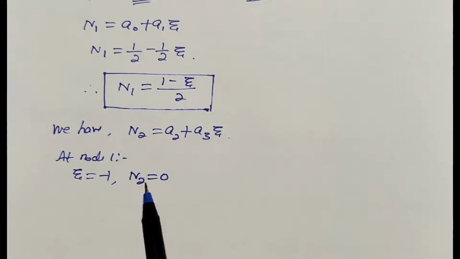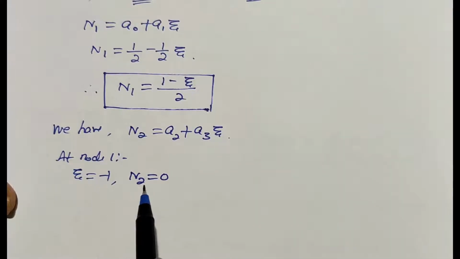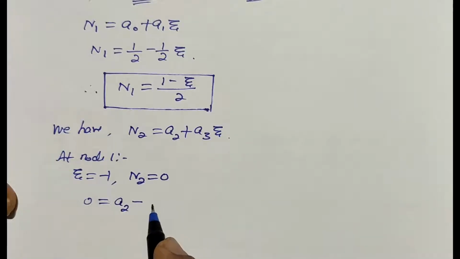So value of N2 at node 1 will be 0. Now I will substitute the value of zeta and N2 in this equation. I will get 0 is equal to A2 minus A3.